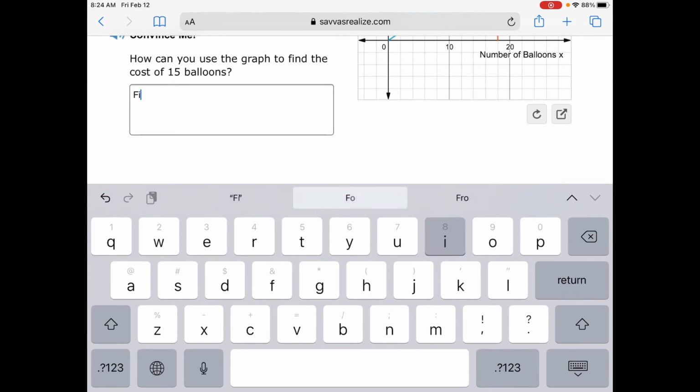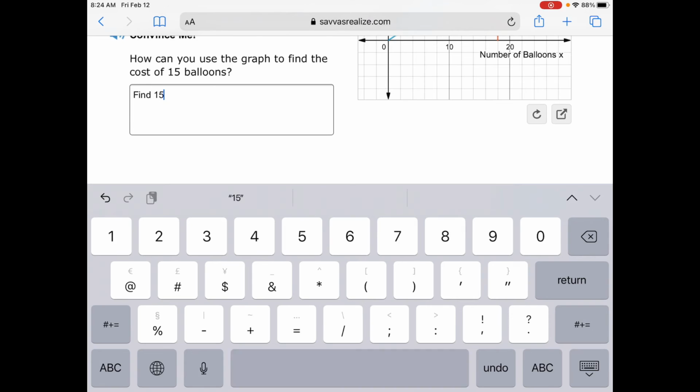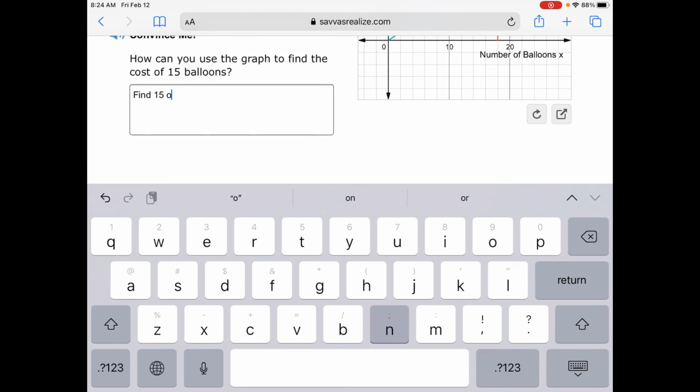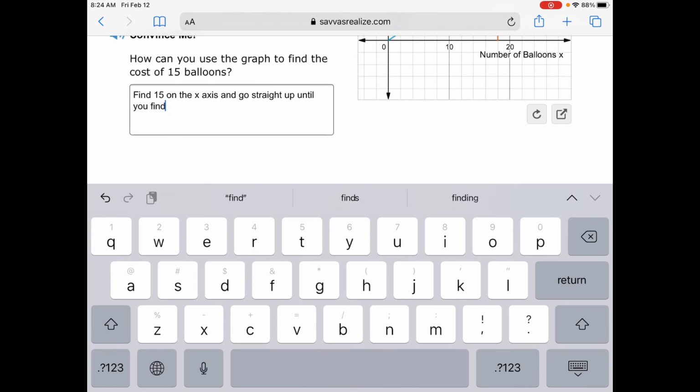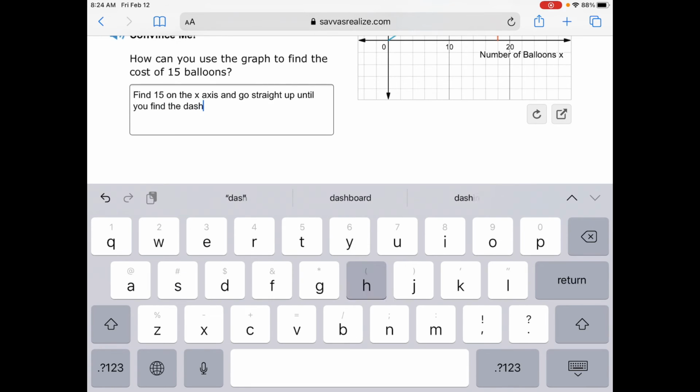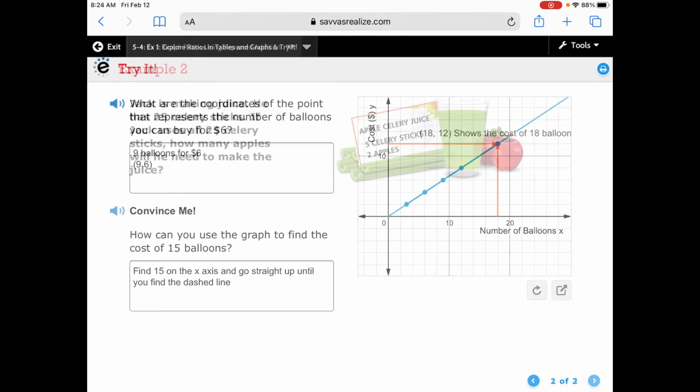We can find 15 on the x-axis and then go straight up until you find the dashed line. All right, so make sure you have that.